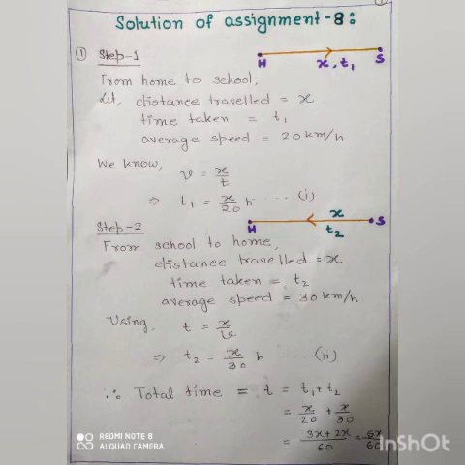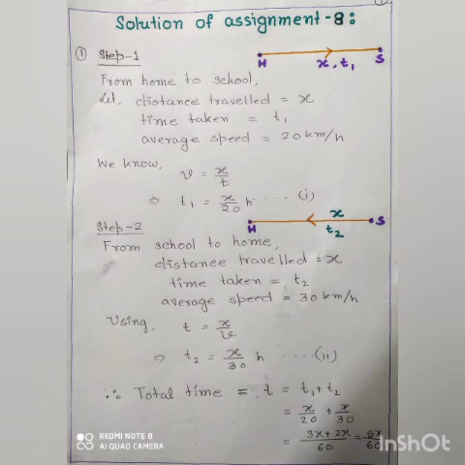For the next step, while Abdul comes back from school to home along the same path, the distance traveled will be x here also, and let us consider time taken is t2. The average speed is given as 30 km per hour. So using the same formula, time equals distance by velocity. Therefore, t2 equals x by 30 hour.